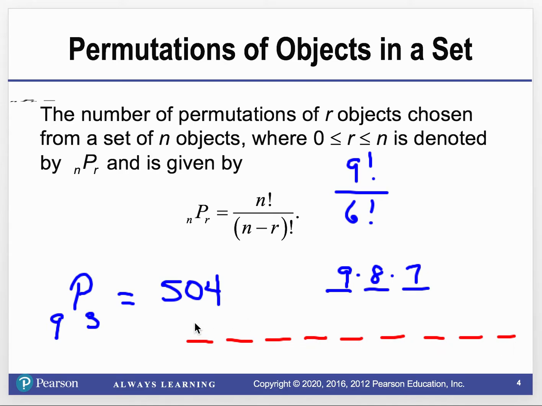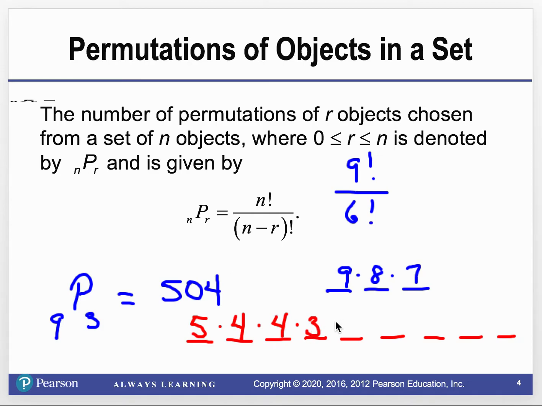So in this case, 1, 2, 3, 4, 5, 6, 7, 8, 9. If we've got 5 men, then any one of 5 people could go right here. Then the next one has to be a woman, and there's 4 women, so any one of the 4 could go here. Next one has to be a man. Since 1 man is standing here, there's only 4 left. Now I've got to have a woman, but 1 woman is standing here, so there's only 3 left.